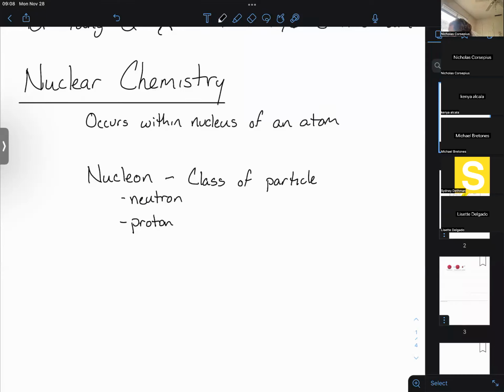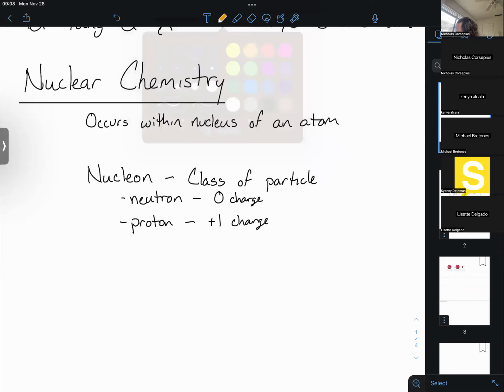We know that neutrons have a zero charge, they're neutral, whereas protons have a charge of +1. But they're all composed of the same fundamental particles, what are called quarks.